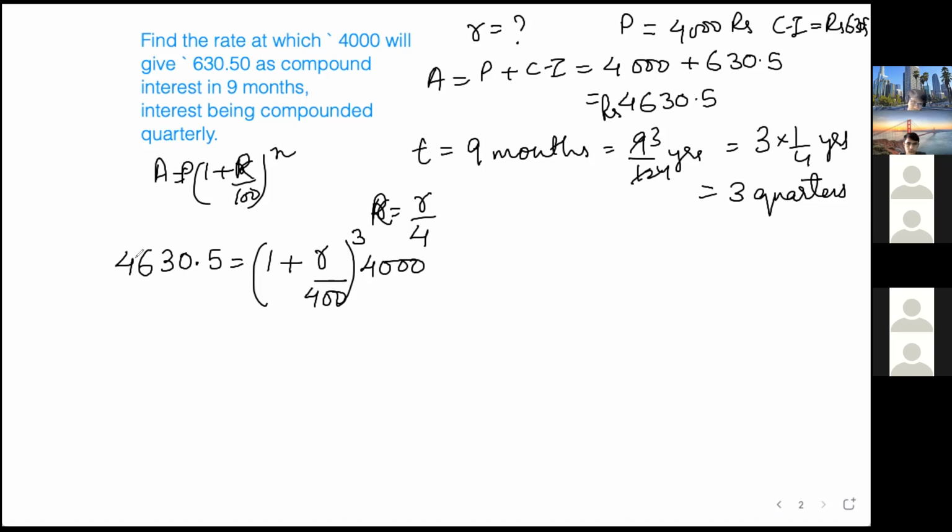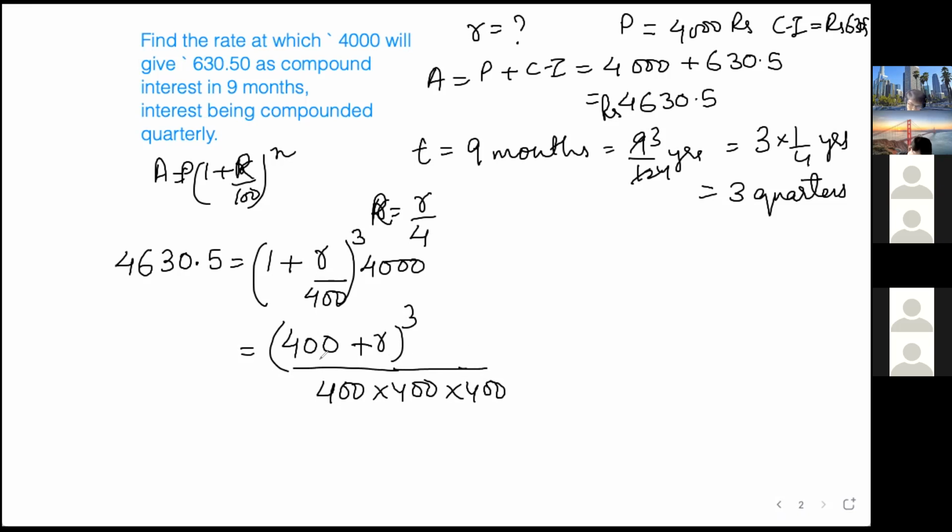Now let us find out 4630.5 upon 4000 we'll have to do, but let us do this because simplification करने में cube root निकालना होगा, which we don't know, so we have to simplify in such a way that you should be able to calculate. So let us find out 400 plus r का cube upon 400 into 400 into 400. ठीक है, instead of writing अंदर नीचे का cube I just wrote this thing.